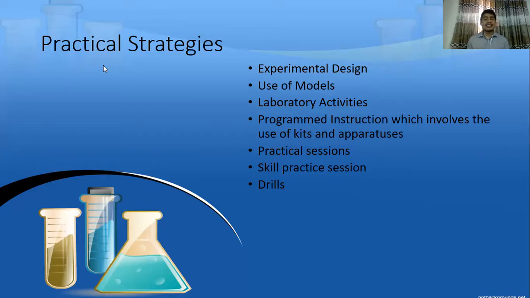So the next in the list is actually practical sessions. And take note that in the science class, practical science activities play a critical role in the educative process. So we engage the students, assisting them in developing critical abilities, comprehending the scientific processes, and acquiring a wide comprehension of scientific subjects.